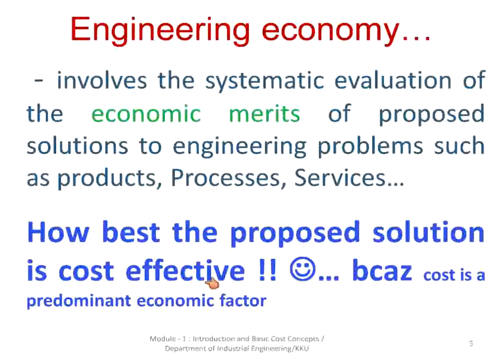Okay. So if you see the down one, I have given in big font size. You can read here: how best the proposed solution is cost effective. This is very, very important. I will show you in this color. See, is cost effective.